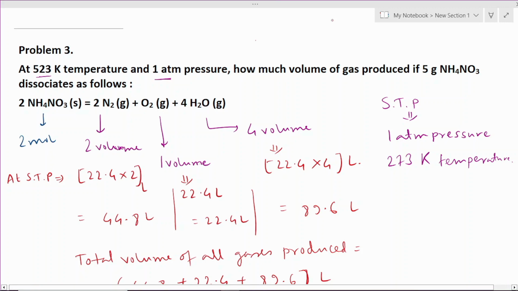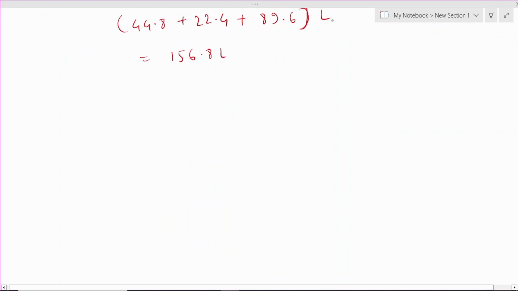So we have to calculate the volume of all gases at this condition, that is 523 Kelvin and 1 atmospheric pressure. How can we do that? We all know the combined law of gas, that is P1 V1 upon T1 is equal to P2 V2 upon T2.